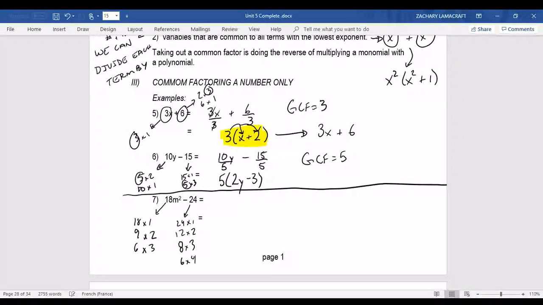So if we look at all these different things here, the number that would match would be our 6, and therefore our GCF would be 6. So if we took these two terms and divided them by 6, we'll find out what's in the bracket. So 18m squared divided by 6 would be 3m squared, and negative 24 divided by 6 would be minus 4. And we know outside the bracket is our greatest common factor of 6.